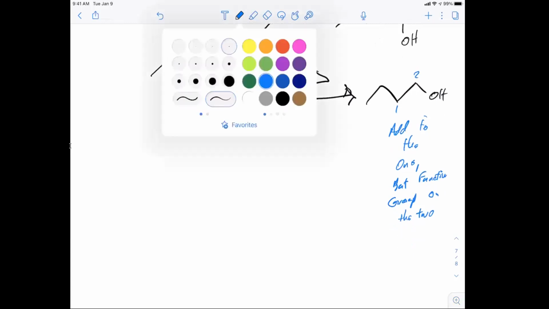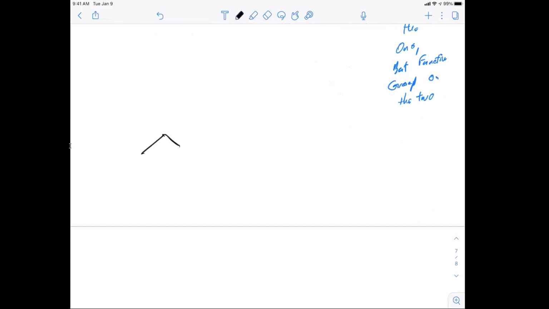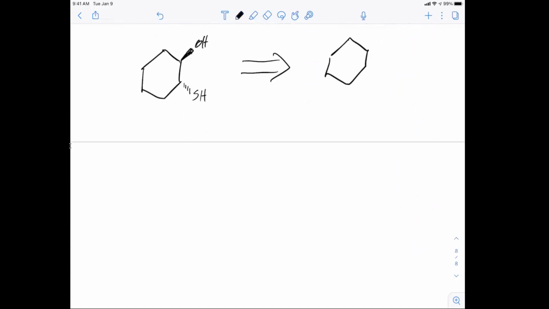So let's look at a few possibilities. Let's do some retrosynthesis. I think we'll be able to get through maybe 2. Okay, so let's take a minute to look at these 2 retrosynthesis.